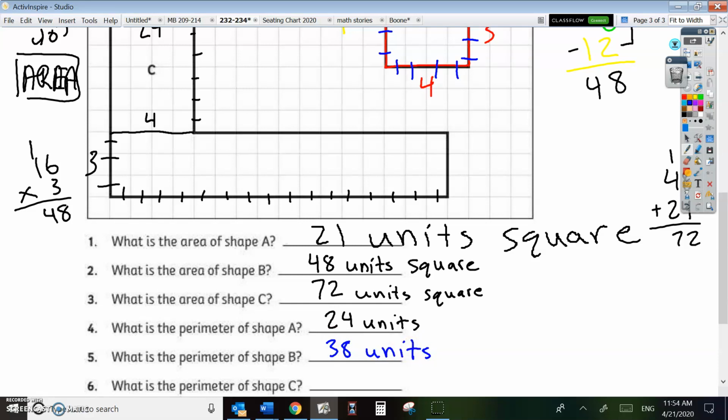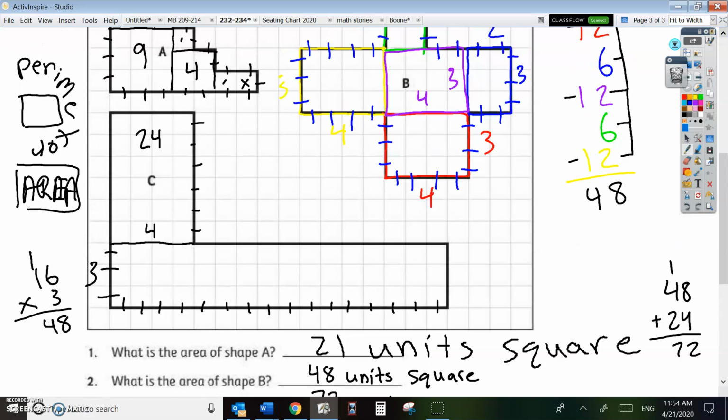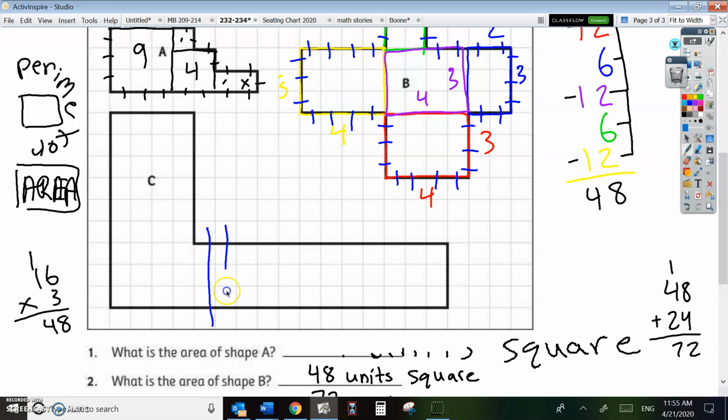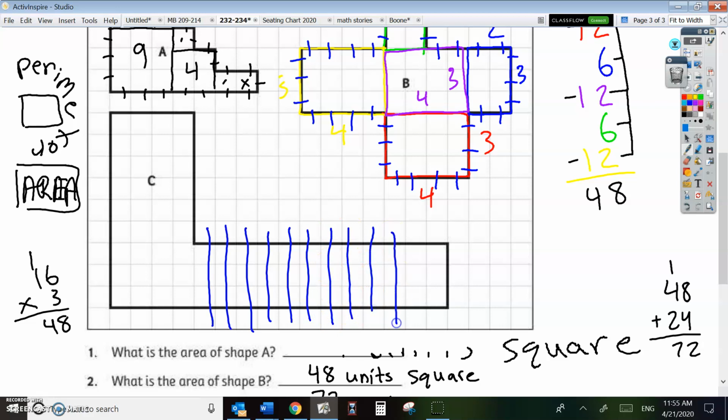And the perimeter for shape C. I'm going to count those by 2. Let's clean this off a little bit so we can see a little bit better here. I'm going to count these by 2, so that's 2, 4, 6, 8, 10, 12, 14, 16, 18, 20, 22, 24.